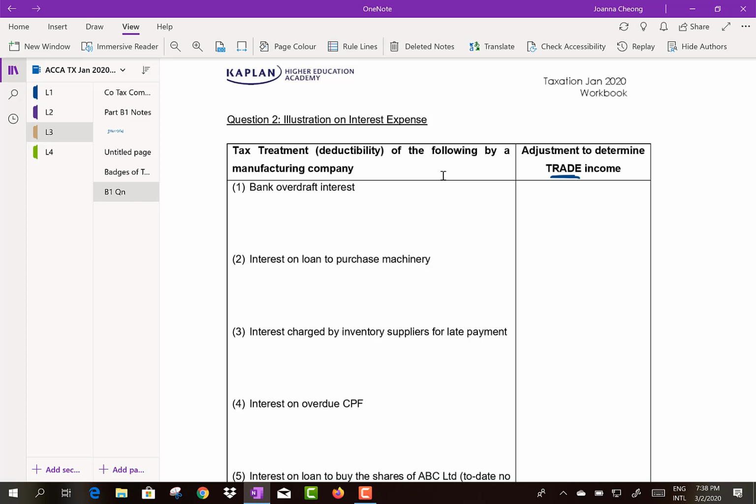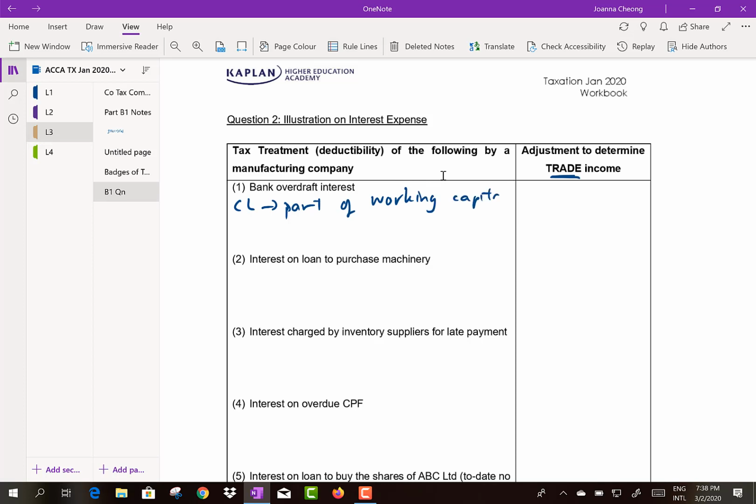Yes. It's usually for trade purpose because bank overdraft is your current liability. It is actually part of your working capital. Your CA, CL, you know. Your working capital.